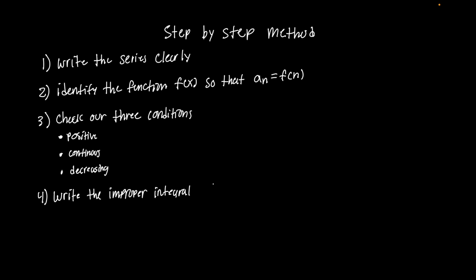Just remember, it's from 1 to infinity of f of x. And then I'll just write: evaluate the integral. And then lastly, step 5 is just use the result to conclude.